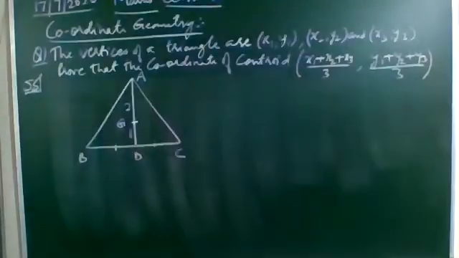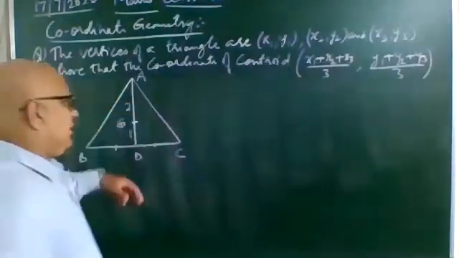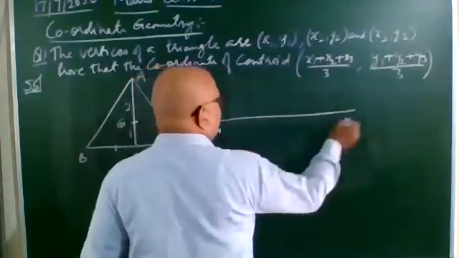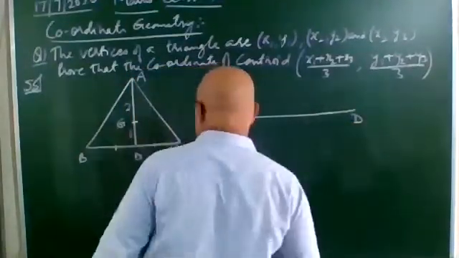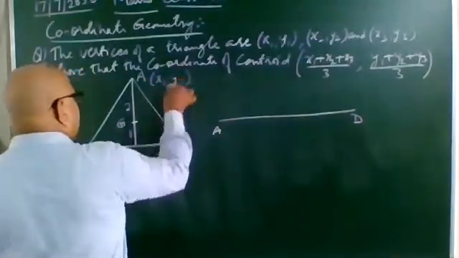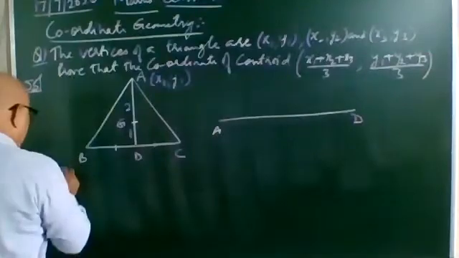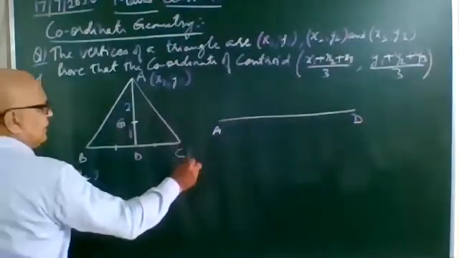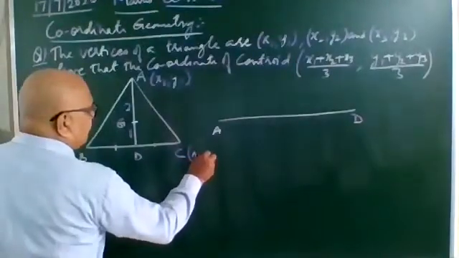This is the figure you have to make. Now A is x1, y1, B is x2, y2, and C is x3, y3.